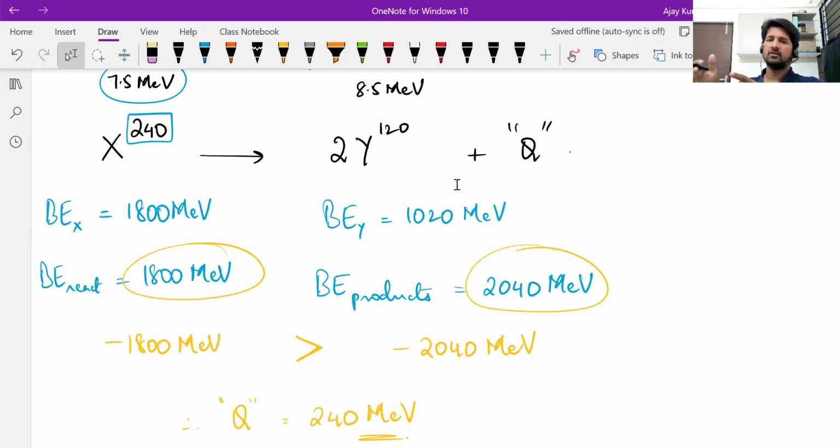When it breaks into smaller fragments, those fragments will be stable nuclei, meaning lower energy. U-238 is high energy; products are low energy. The energy released appears as kinetic energy of the fragments. When those fragments move around, they undergo collisions, and that kinetic energy gets converted to heat. That is how heat is generated in a nuclear reactor, and that heat can be converted to other forms of energy, usually electricity.